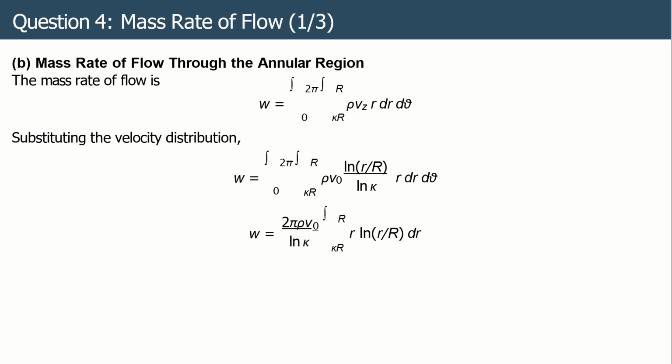Then the second part is the mass flow rate through the annular region. For the mass flow rate, we have to integrate rho vz r from 0 to 2 pi in the theta direction and from kR to R in the r direction. Substituting the velocity distribution vz, we get this equation after taking out the constants.